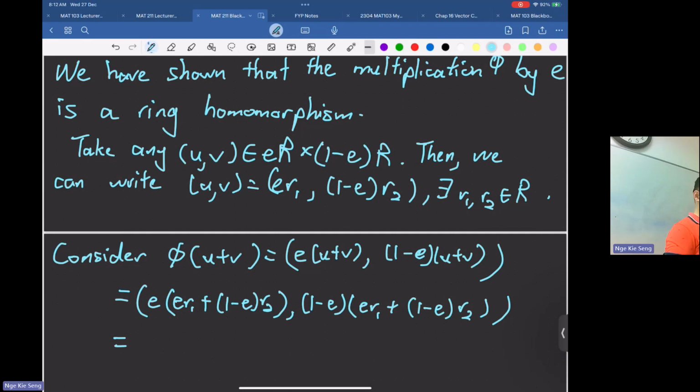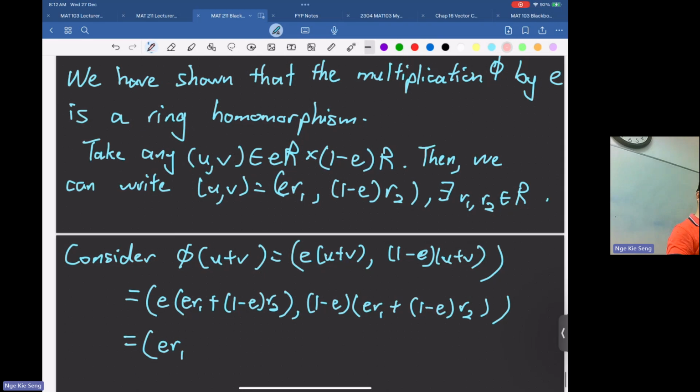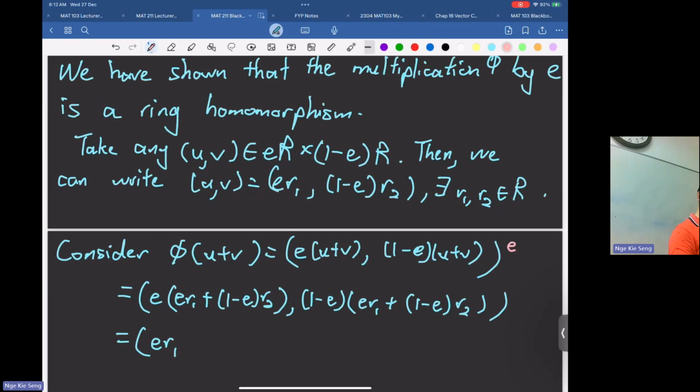Okay. So next, what's next? You expand it using distributivity, right? E times Er1, you should get Er1 again. But E times (1 minus E), what do you get? Still remember what you get when you multiply E and 1 minus E together? You get E minus E squared. But E is an idempotent. So you get 0.